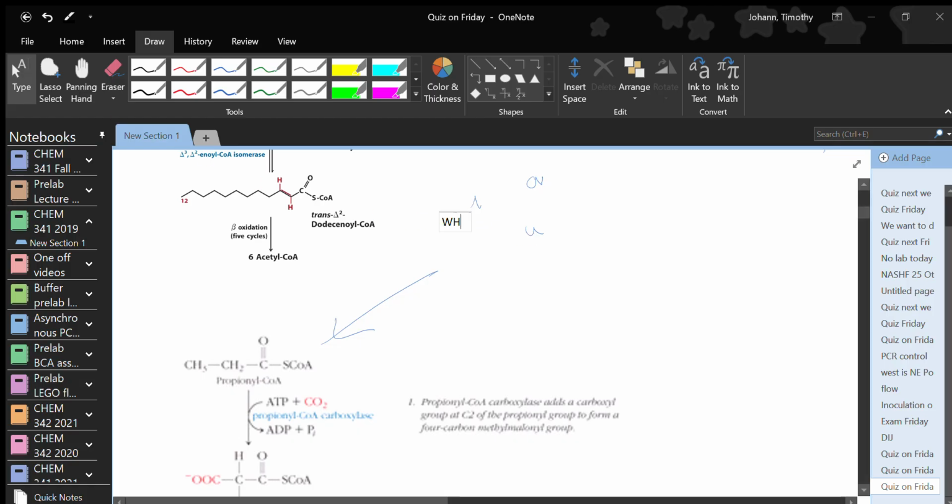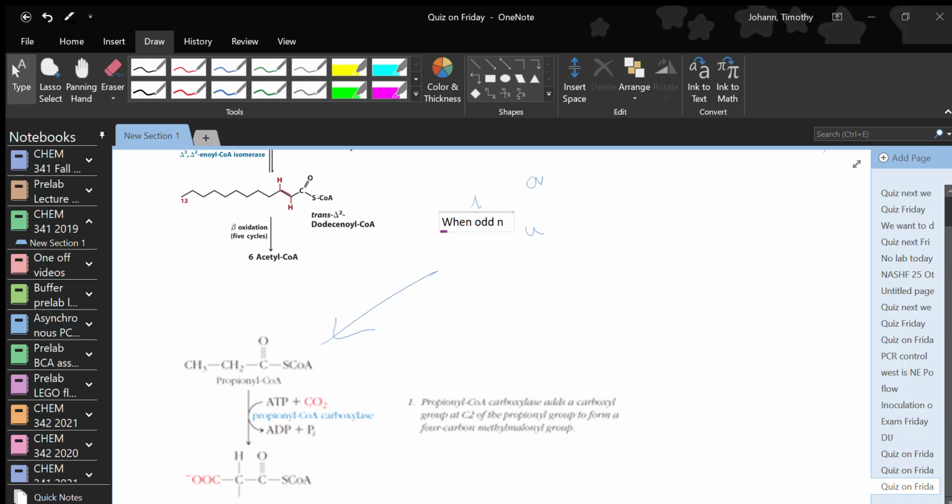Okay, so when odd-numbered fatty acids need to be metabolized, beta oxidation breaks them down until 3 carbons are left.